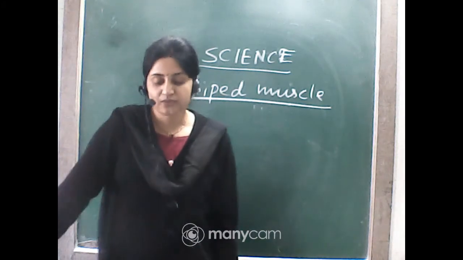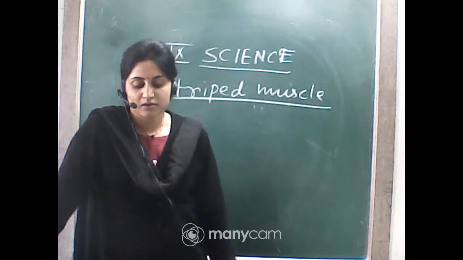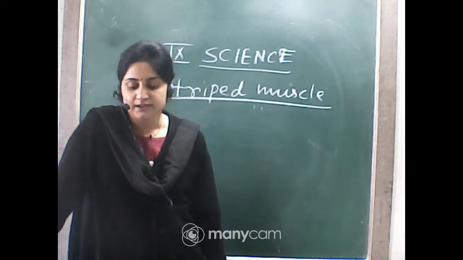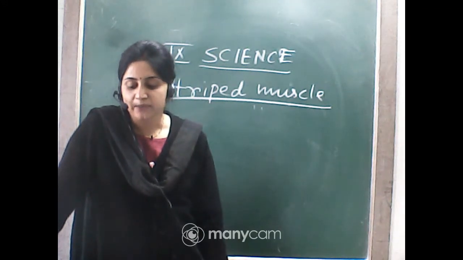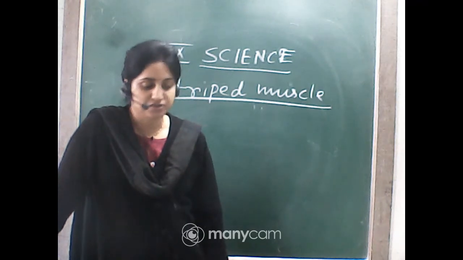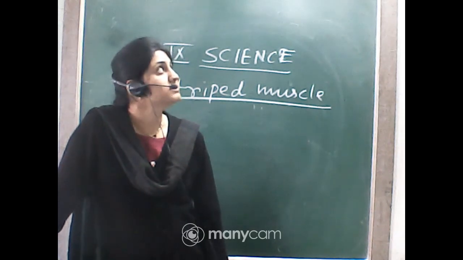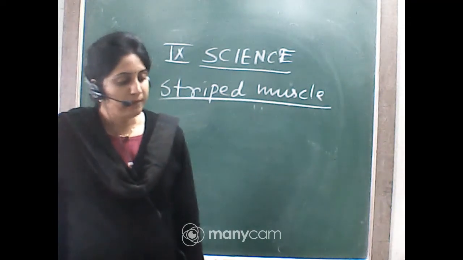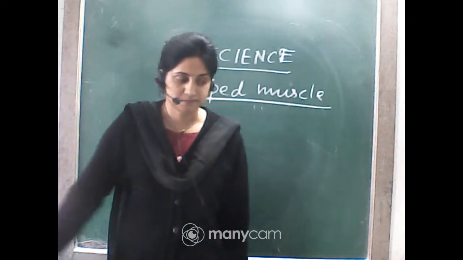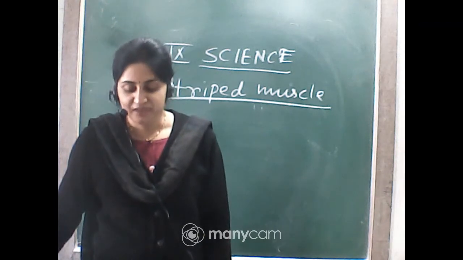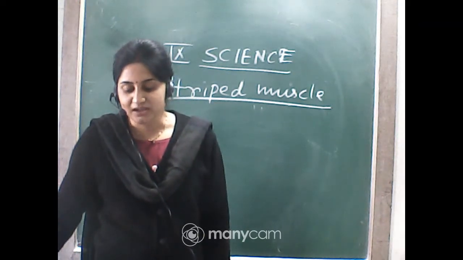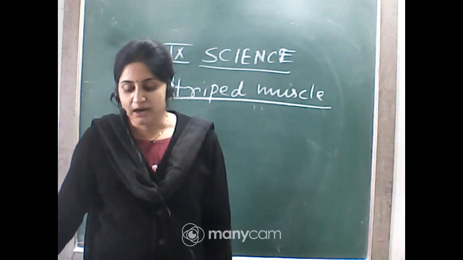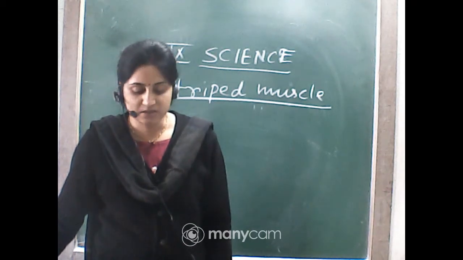So I repeat from the first one. Striated muscles are long, cylindrical, non-tapering and unbranched. Number 2, there are many nuclei, multinuclei, which are situated towards the periphery of the muscle fibers.